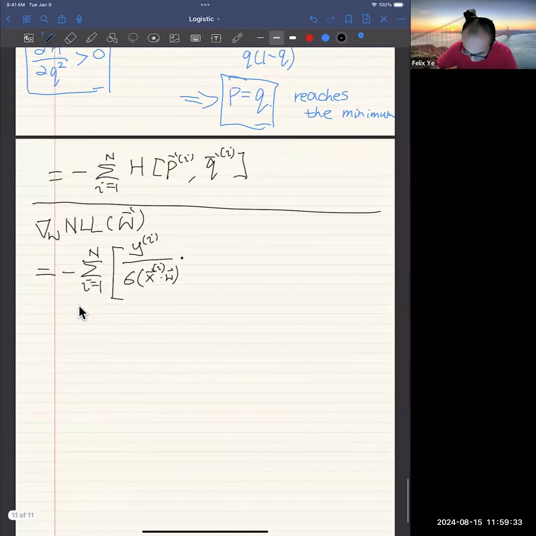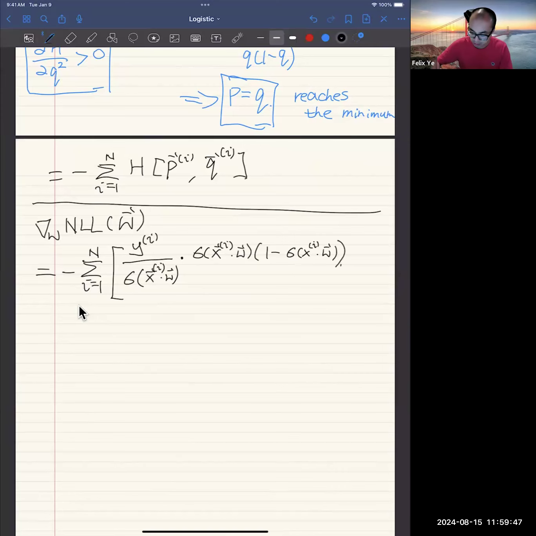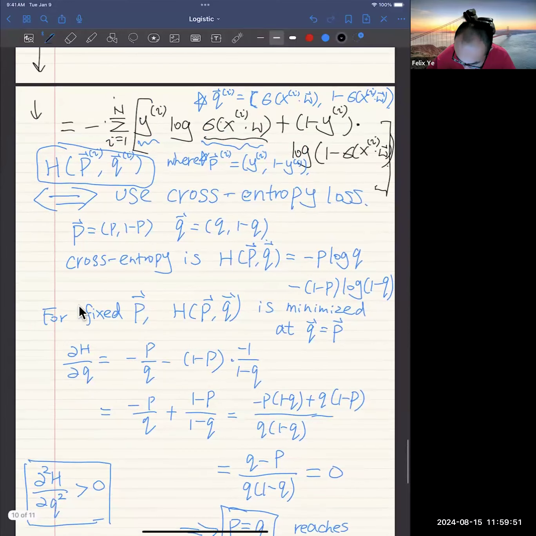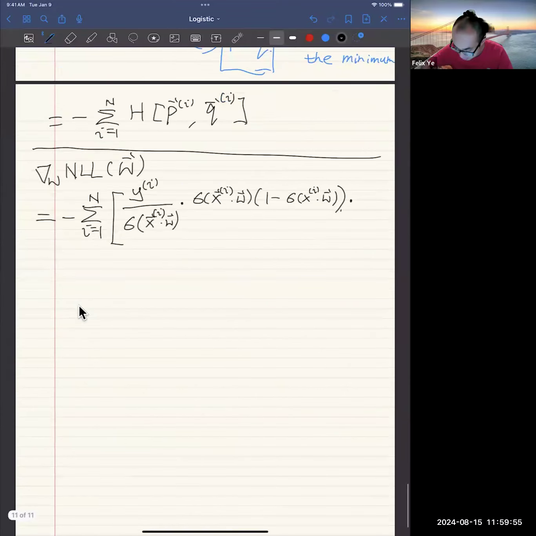So we know this becomes sigma of xi w times 1 minus sigma of xi w. And then I need to take the partial derivative with respect to the inner product of x and w. So this becomes x of i transpose.